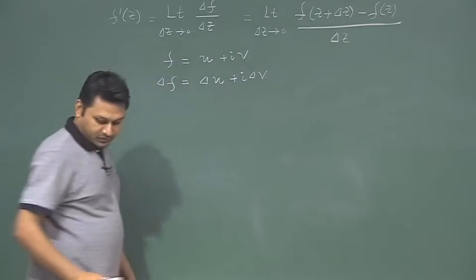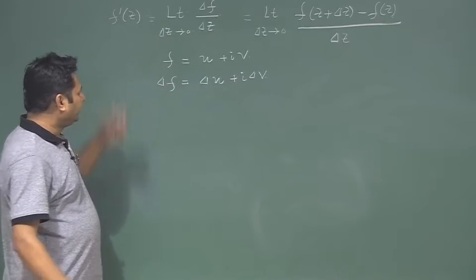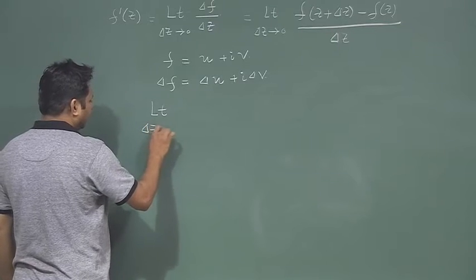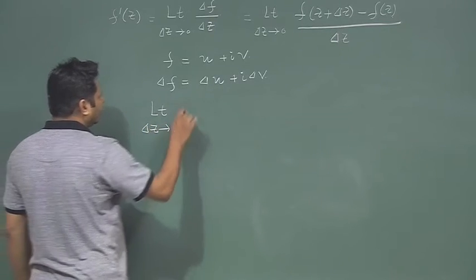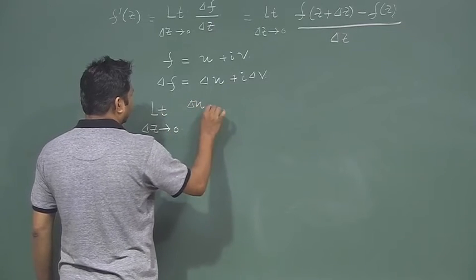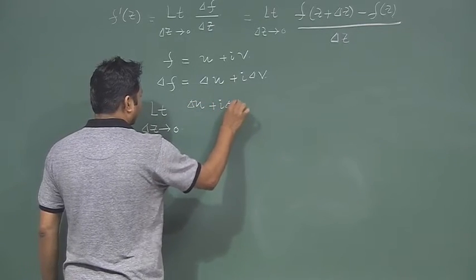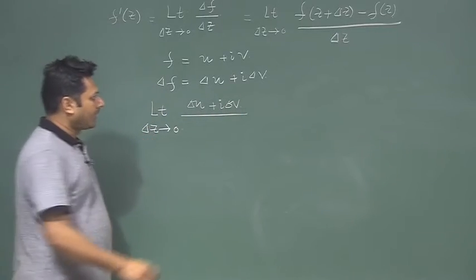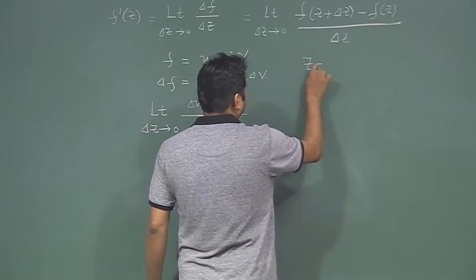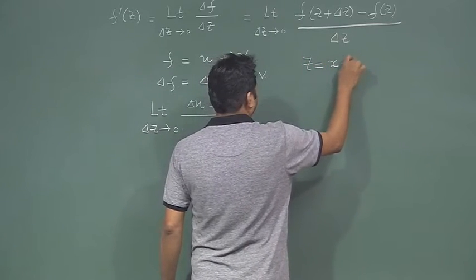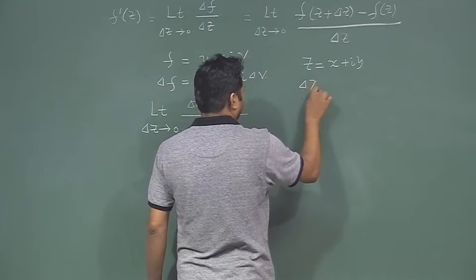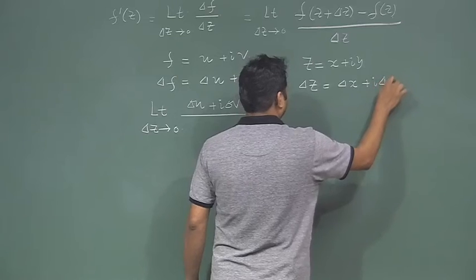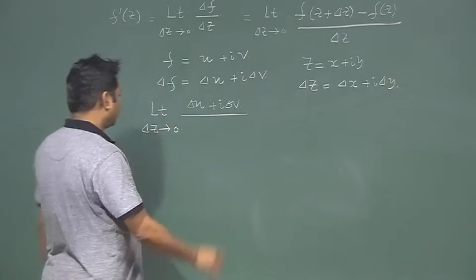Okay. So, now by definition I will have limit delta z tends to 0, delta f is delta u plus i delta v divided by delta z. z is x plus i y, delta of z is delta of x plus i delta of y, I already used this notation.